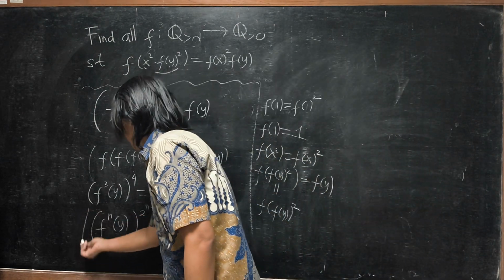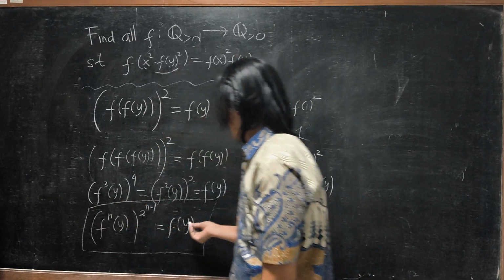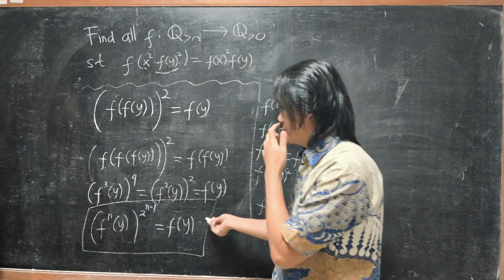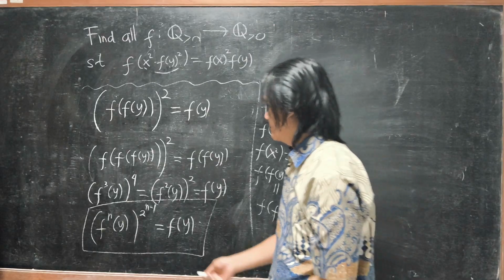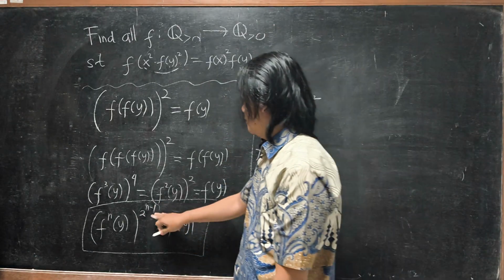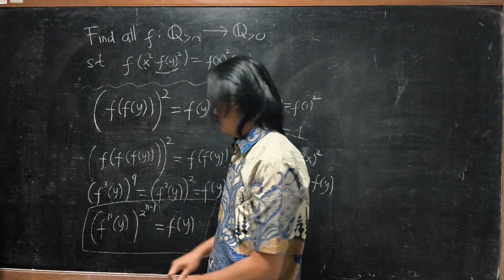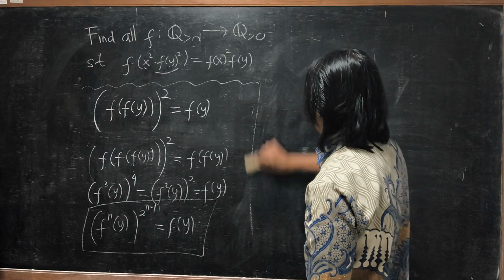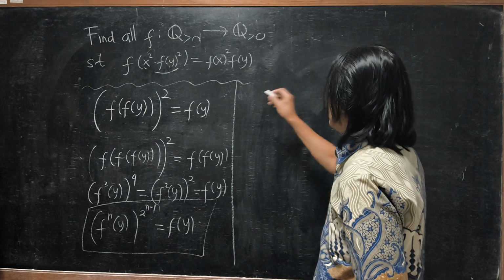But what does this equation tell us? It tells us that we have a rational number that can be written as a power of some other rational number. So let me put a lemma.